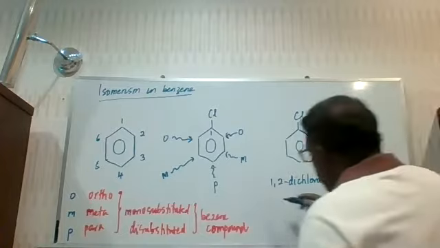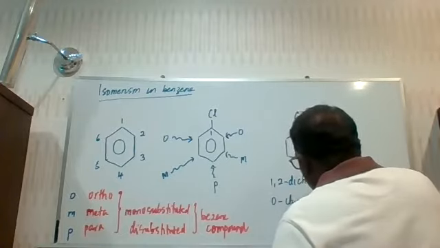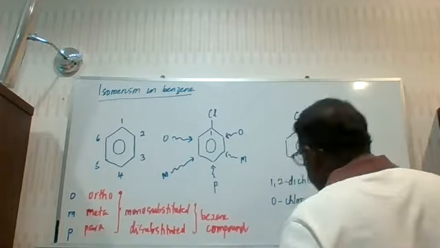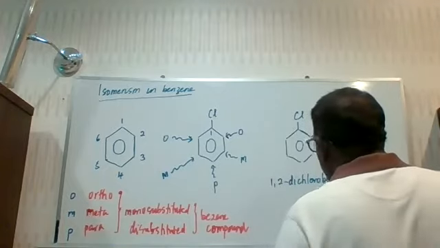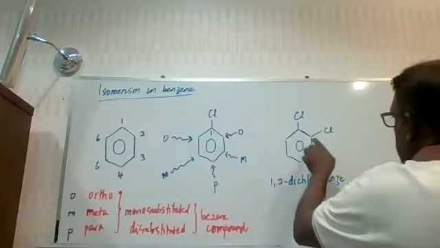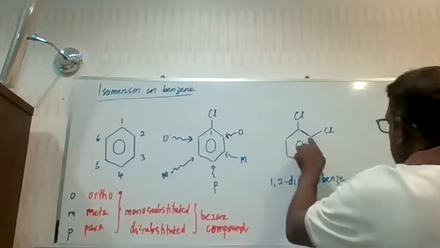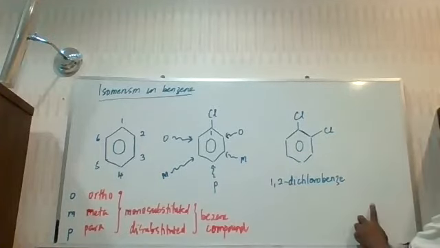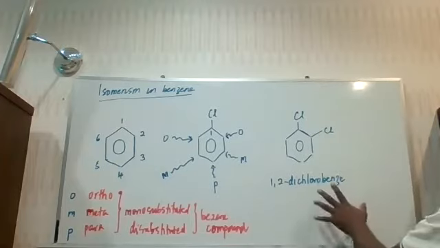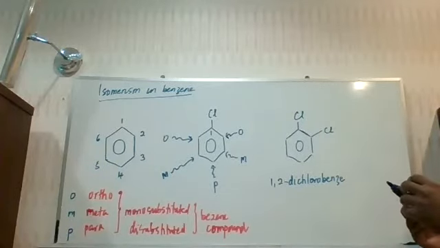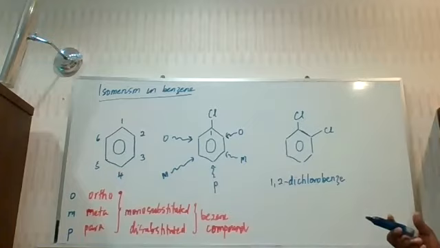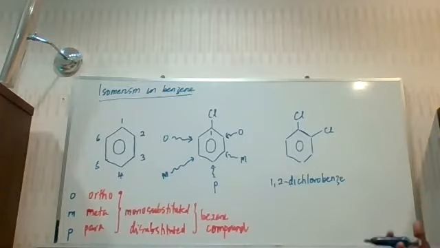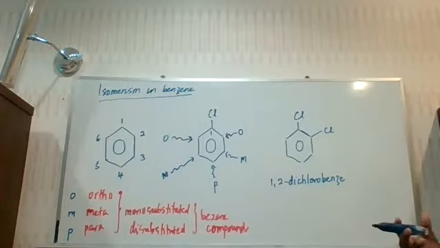Or you can also call it ortho-dichlorobenzene. You can see the complexity when ortho is used in the naming system. It is a bit tedious. So we use numbering. Numberings are much easier.